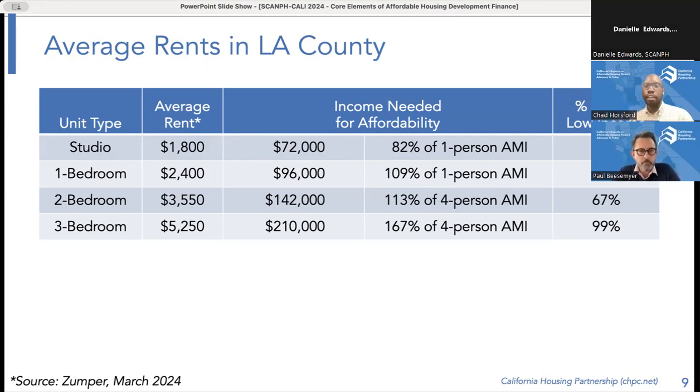And if you look at area median income, that translates to if you're about 82% of area median income, then you're able to support this rental payment. So for households that are at area median income, they can comfortably support the average rent in LA County.